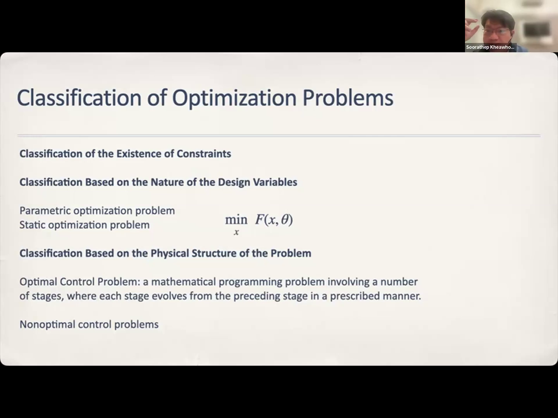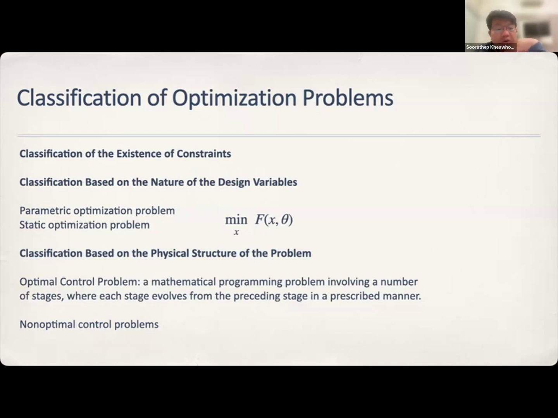You have two choices, only two choices. Constrained or unconstrained. In my opinion, I think constrained. Is it easier or more difficult? Oh, I think constrained is more difficult than unconstrained. Yes, right. Most of the cases, constrained is more difficult, more complex to deal with.